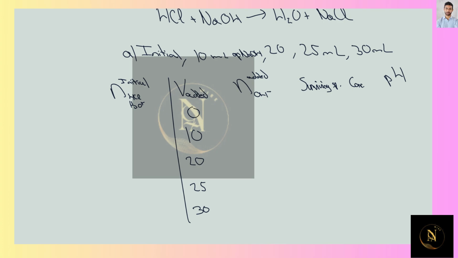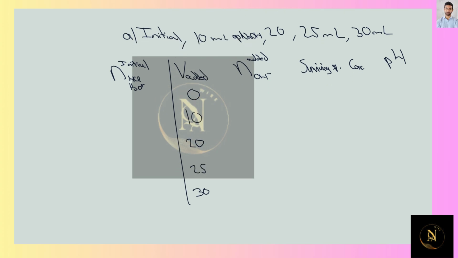So how can I get the amount of mole of OH minus that I have added? Simply I need to multiply the volume in liters. So we can convert all of these to liters simply by multiplying by 10 to the minus 3. We multiply this by the molarity of my solution, and the molarity of my solution is going to be 0.2 molar.